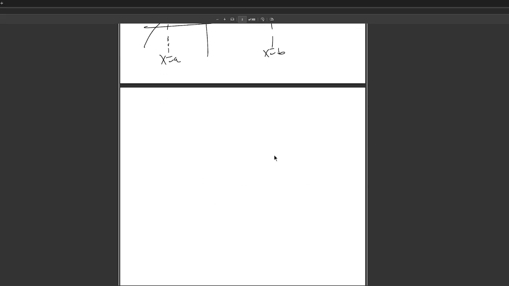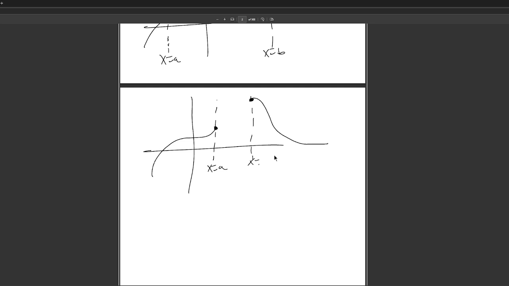If it's not continuous, if you have a piece that goes like this and just stops here, and then the function starts again over here, then intermediate value theorem says that, so let's say this is x equals a, and this is x equals b.